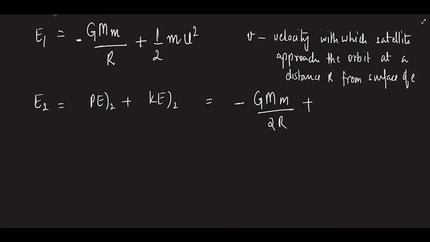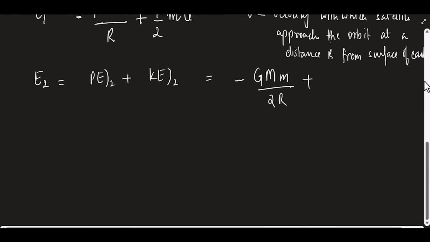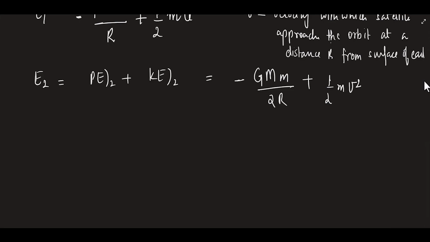It's the velocity with which it is approaching point 2. So the mass of the satellite is m, the velocity of approach is v, and the kinetic energy is half mv square.